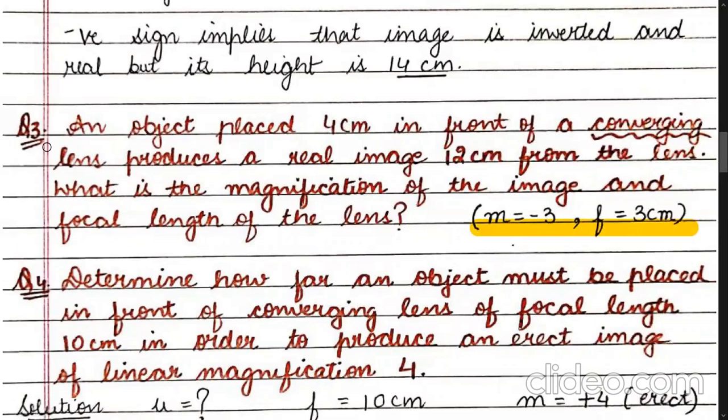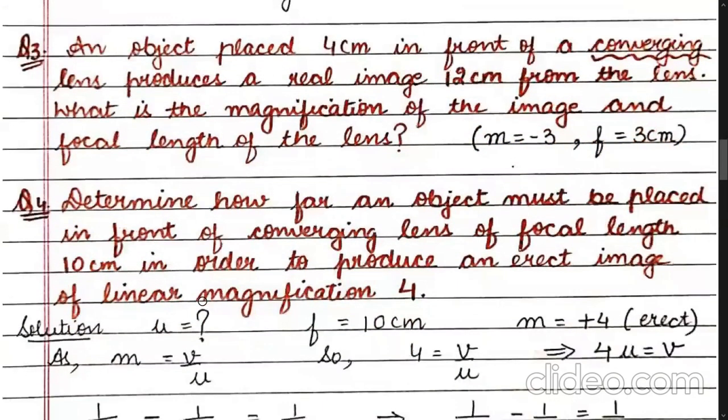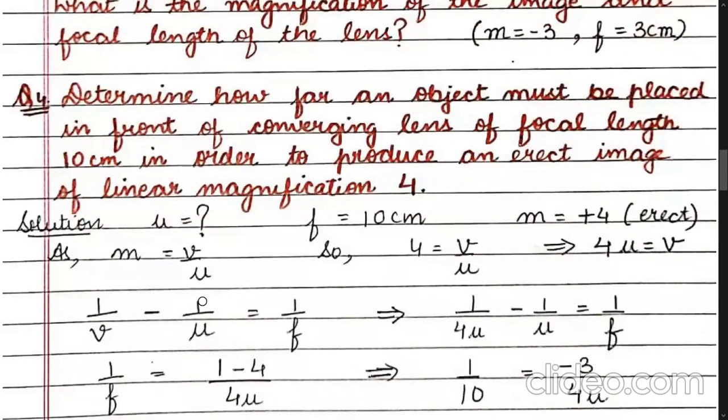So you check the answer. The key part of the question is, here I have written a converging lens. Students, converging also means convex lens. So this question is also of convex lens. So you try this question number 3 yourself.